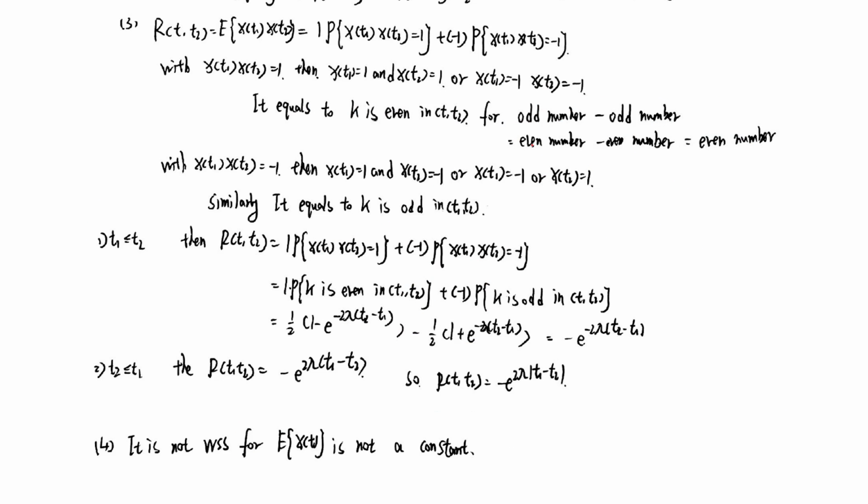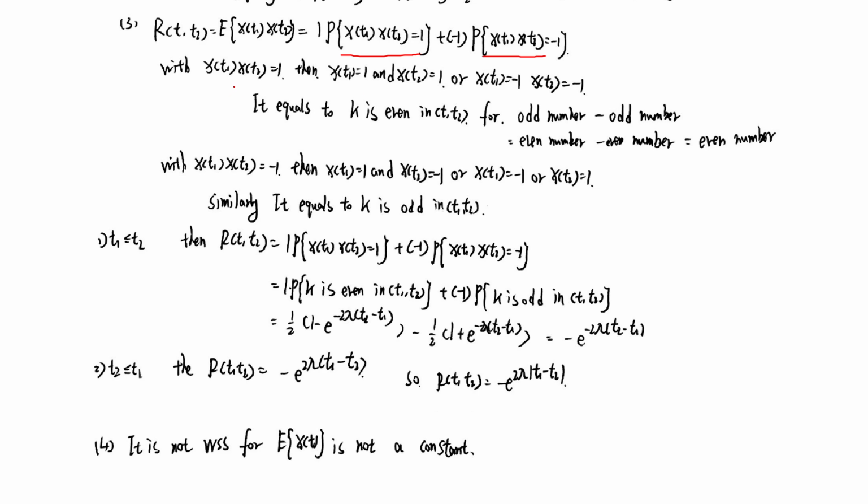And so we need to use 1 to multiply the probability that X(t1)X(t2) equals 1, its corresponding probability, and the other part is we need to use negative one to multiply its corresponding probability here. And at the core of this problem, we need to transfer these two different circumstances to other circumstances which we can calculate.